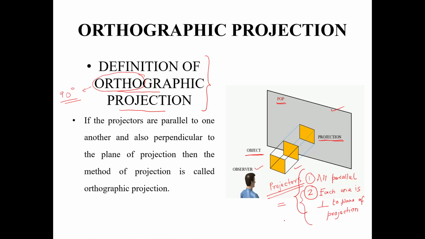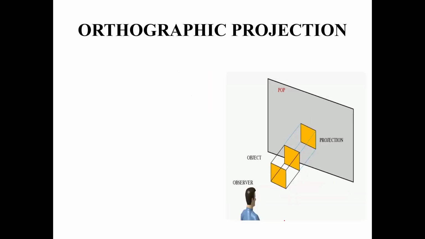So please take a look at the formal definition which is written in the slide. So if the projectors are parallel to one another, and if each and every projector is also perpendicular to the plane of projection, then the method of projection is called as orthographic projection. Let us go to the next slide and discuss more about this definition.